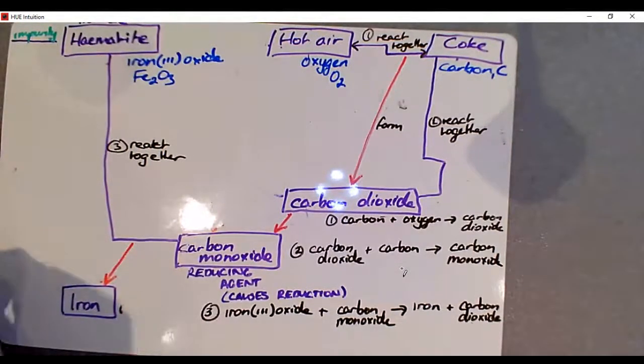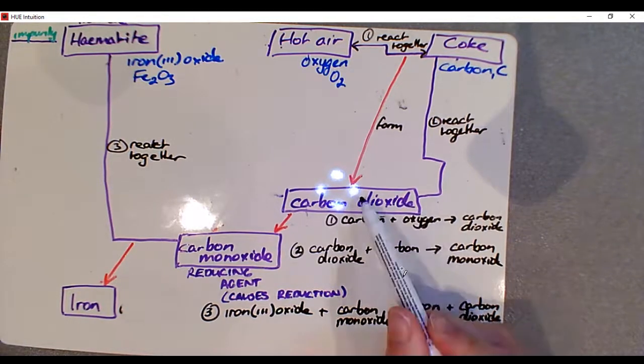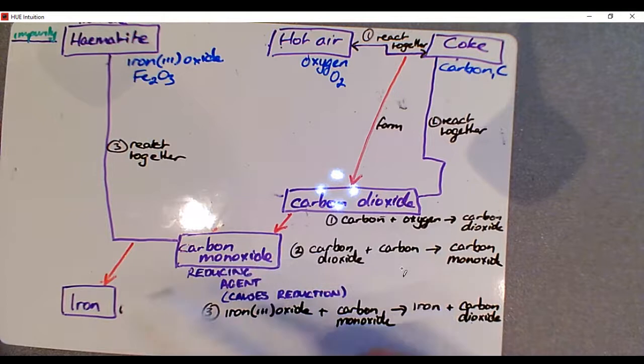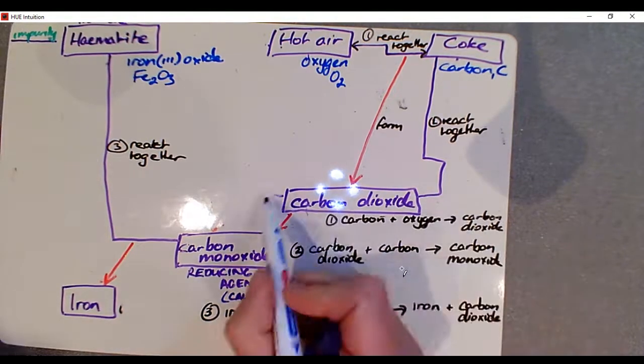Now, let's have a look. What pen haven't we used much of? Okay, what have we still left to do? We still have to put in chemical formulas of carbon dioxide, carbon monoxide, and iron. So carbon dioxide is CO2.